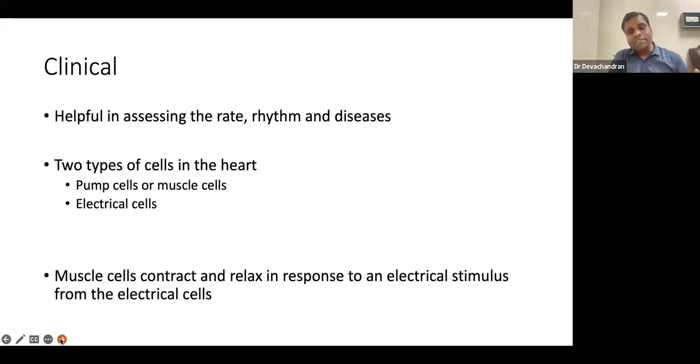And the second type are the electrical cells. The electrical cells form the electrical circuit in the heart. The electrical cells are also called the pacemaker cells. So when the pacemaker cells send the electrical signal, the muscle contracts, and that's how the heart beats.